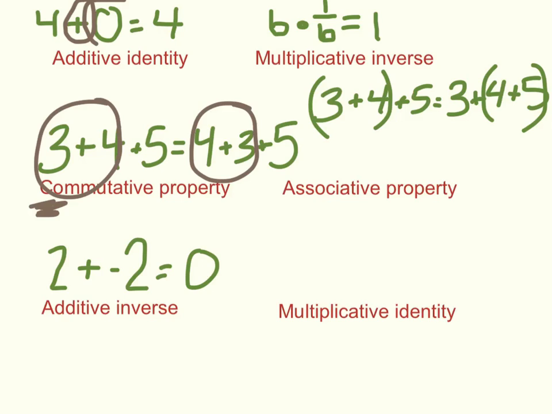Whenever you have the additive inverse, your answer is going to be 0. Multiplicative identity, kind of like additive identity, you're going to be multiplying something by a number in order to get itself. So any number times 1 is going to equal itself.